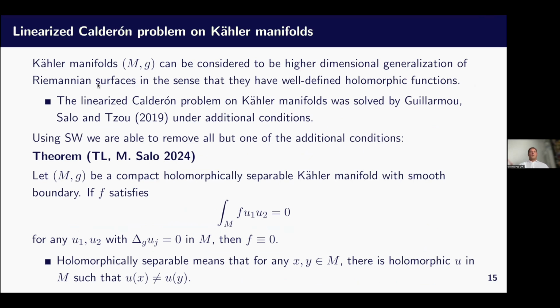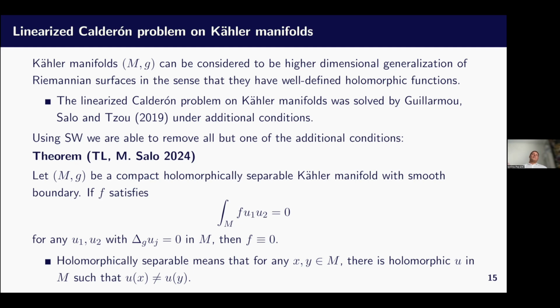And probably many of you know what Riemann surfaces can look like: a donut or sphere or something with many handles, two-dimensional surfaces. The linearized Calderón problem on Kähler manifolds was solved by Guillarmou, Salo, and Zhou, but they had some additional conditions. Now the nice thing about this Stone-Weierstrass theorem is that we can remove all but one of these additional conditions, and we proved the following theorem with Salo this year.